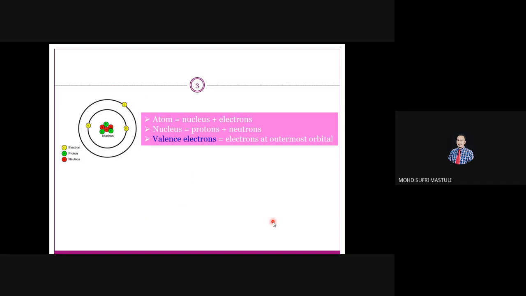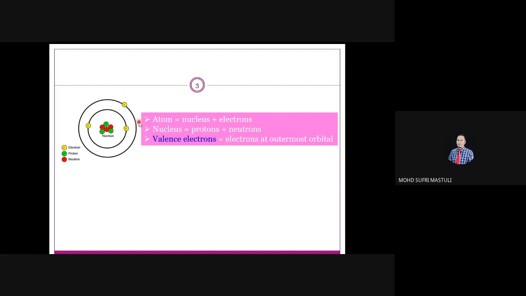Before we go into more detail about chemical bonding, please understand the basics of atomic structure. This is the schematic diagram of atomic structure.